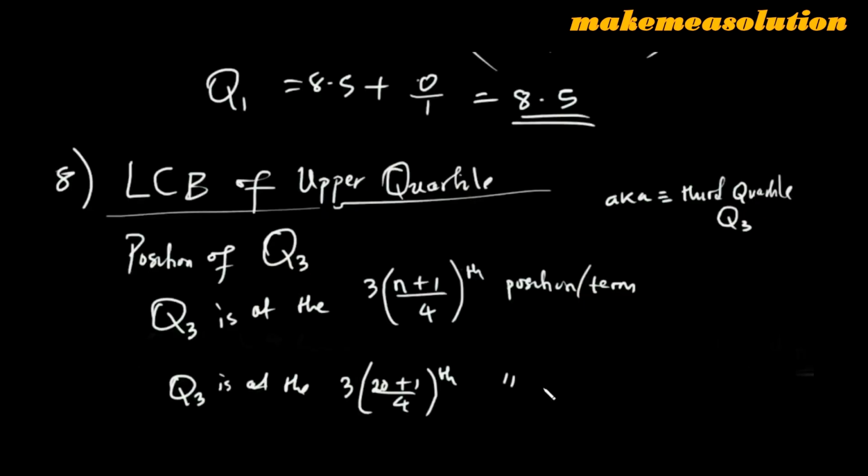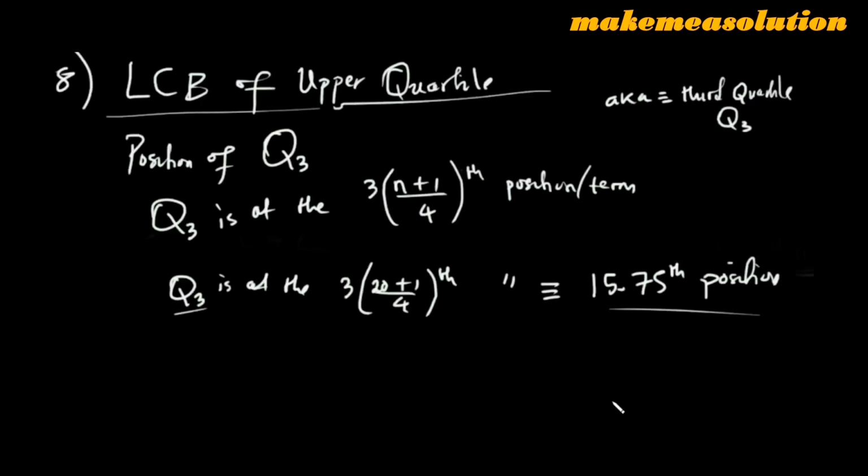If we evaluate this, we get 21 over 4 is 5.25, times 3 is going to give me 15.75 position. So the third quartile is on the 15.75 position.